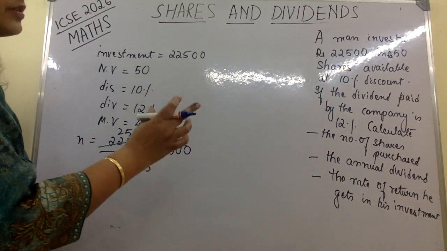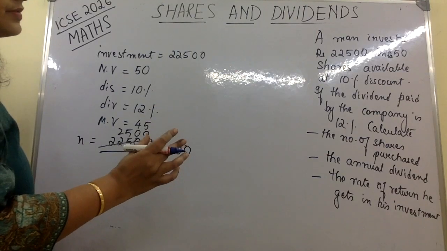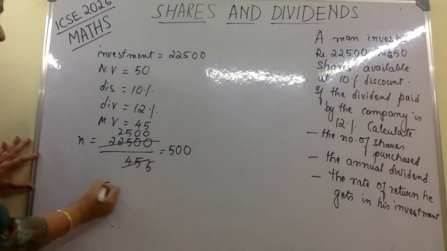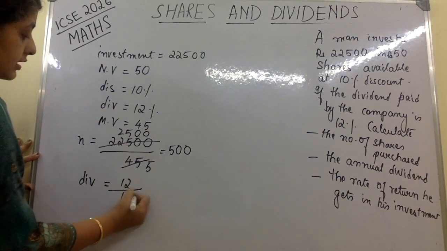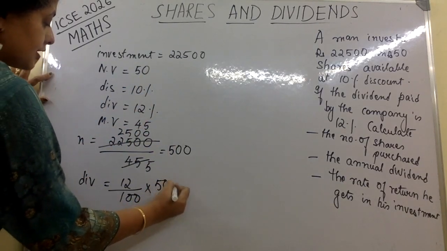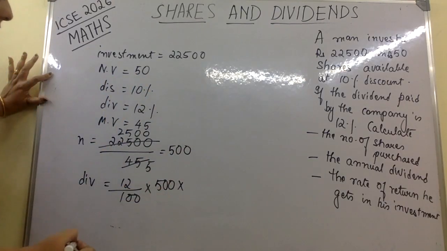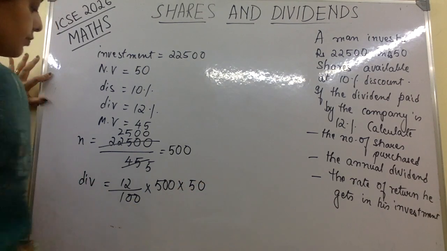Now the annual dividend, okay, how much dividend is he getting in a year? Let's see this. Dividend percent is 12%. 12% of the total nominal value. He has bought 500 shares. Multiply that with the nominal value of 1 share, which is 50 rupees.